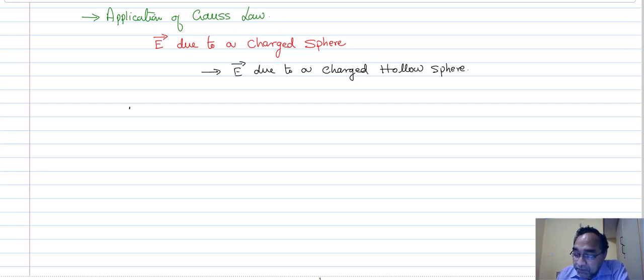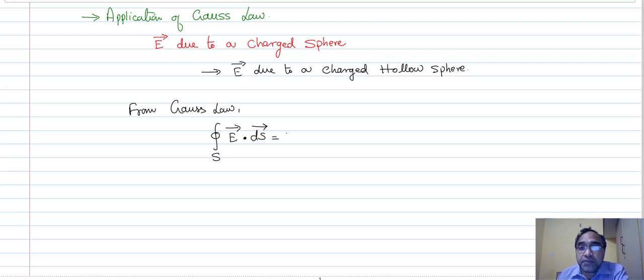So what we can say from Gauss law? Gauss law states that surface integral of electric field intensity over an enclosed surface is 1 by epsilon naught times charge enclosed by the surface.